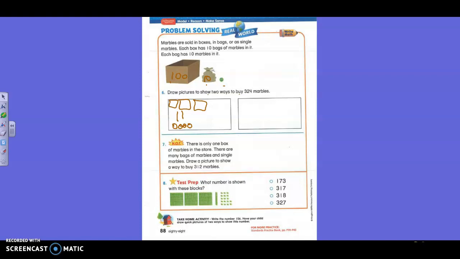So are we taking away 100 or are we taking away a tens? You guys want to take away 100? Okay, so instead of having 300, now we're going to take one away. How many hundreds would that be now? 3 minus 1. 2. 2 hundreds. Okay?